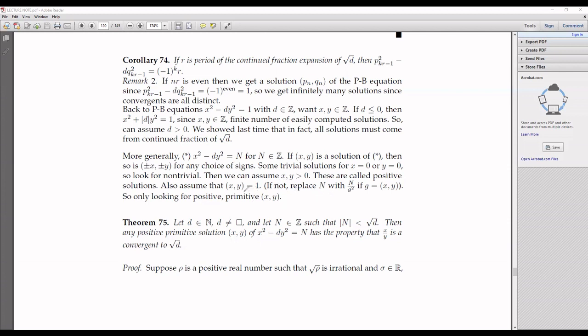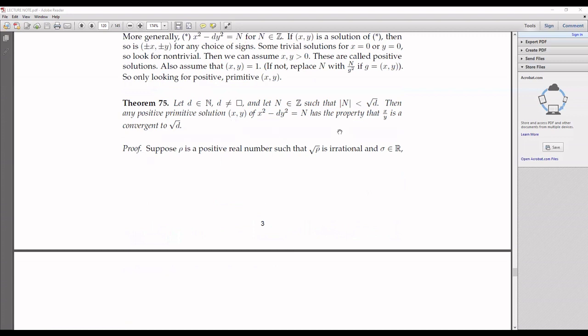The solutions where x and y are co-prime have a nice name: they are called primitive solutions, right? So the final conclusion is we are interested in only positive solutions and primitive solutions. So positive primitive solutions of this equation is what we are looking for. And a theorem lets us do that.